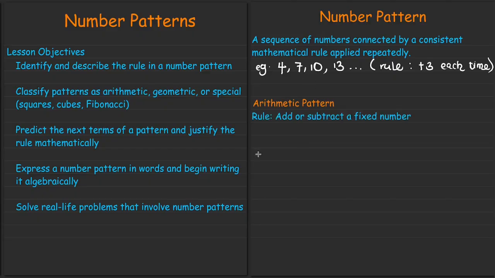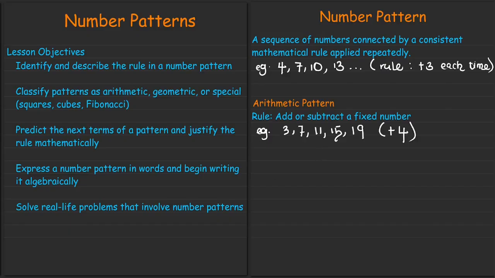So what we have here is even an example, you see. So if we are to say we have 3, 7, 11, 15, and then a 19. What is happening in this pattern? You realize that we keep adding what? 4. So this is an example of an arithmetic pattern.